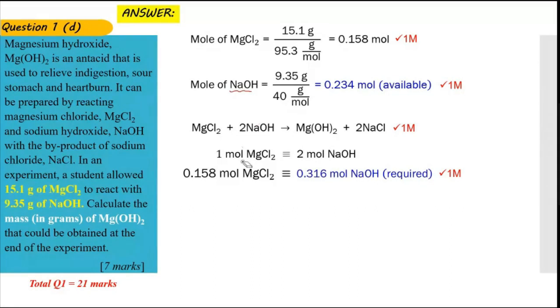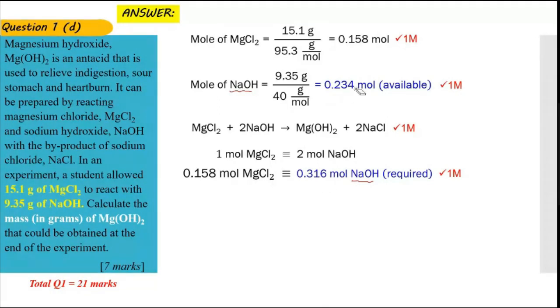So now you see NaOH available or given is this much. And based on the balanced equation, this NaOH is the requirement. Theoretically, you need this amount, but practically available or given this amount to react. So you compare the available amount and the required amount. It looks like the available amount is less than the required amount. That means it's not enough.